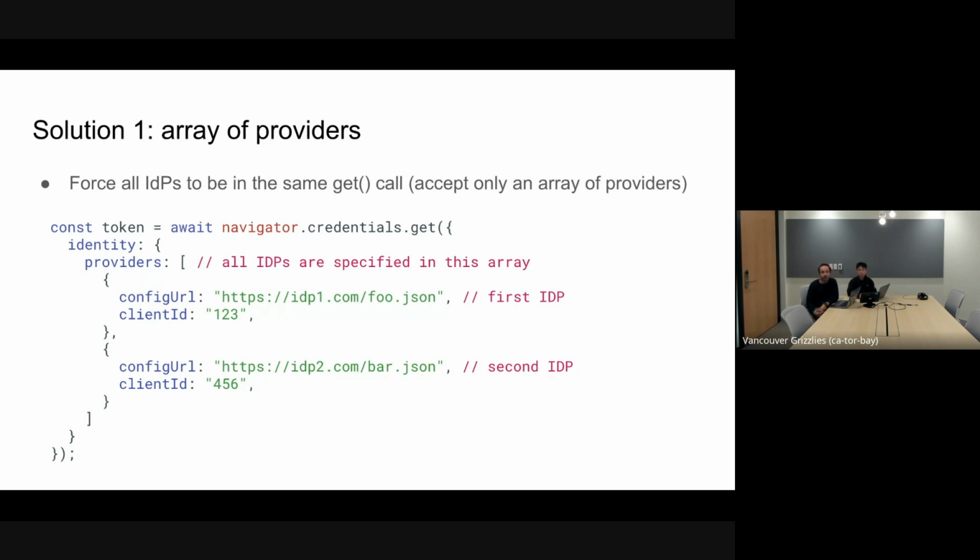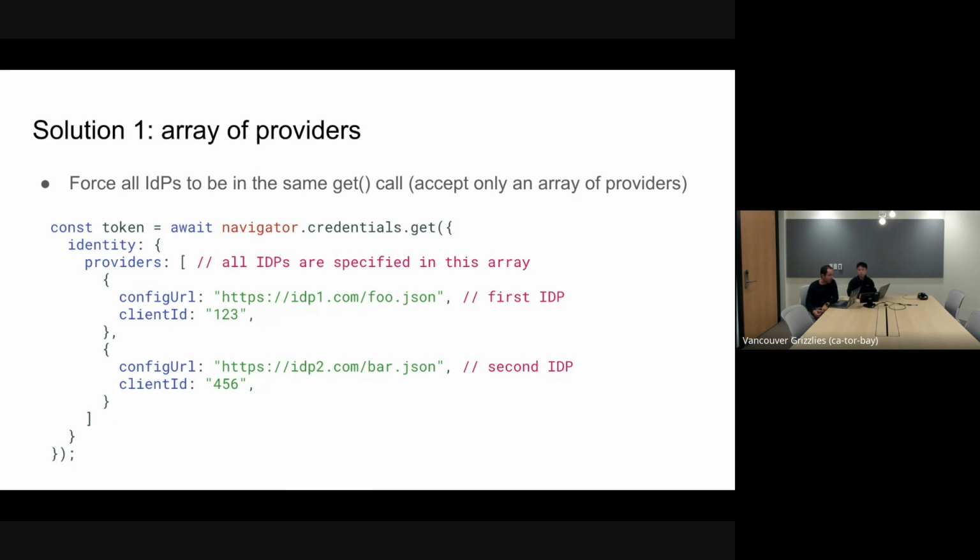Third benefit, the relying party can specify some preference for the IDPs very easily. For example, it can be as simple as the order in which the IDPs show up in the providers array can be the implied preference from the relying party.